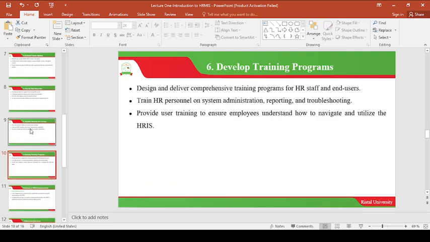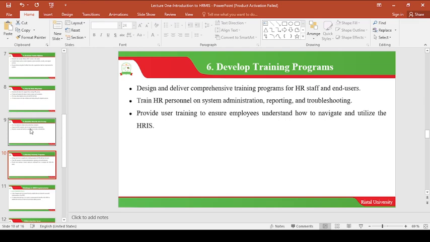Now, the last one is to develop training programs. So you need to design and deliver comprehensive training programs for HR staff and end users. The human resource staff, the people who are going to be feeding in the information or who are going to be managing the system, have to be trained on how to use the system.